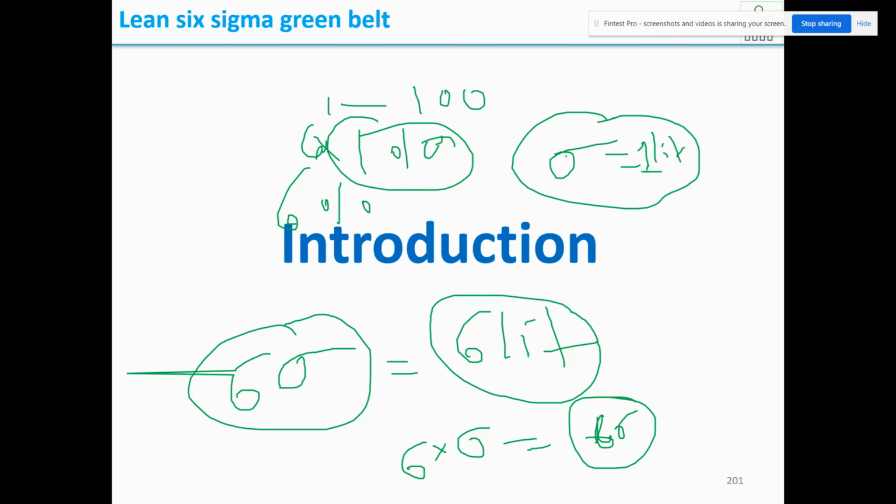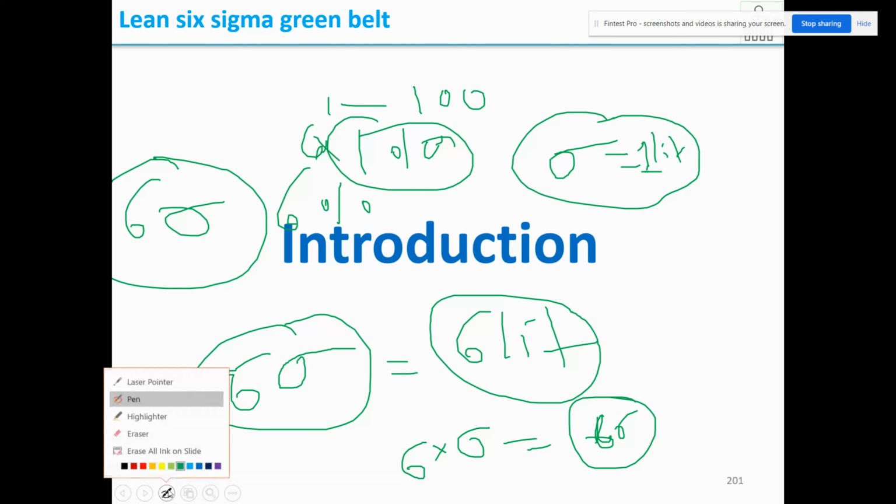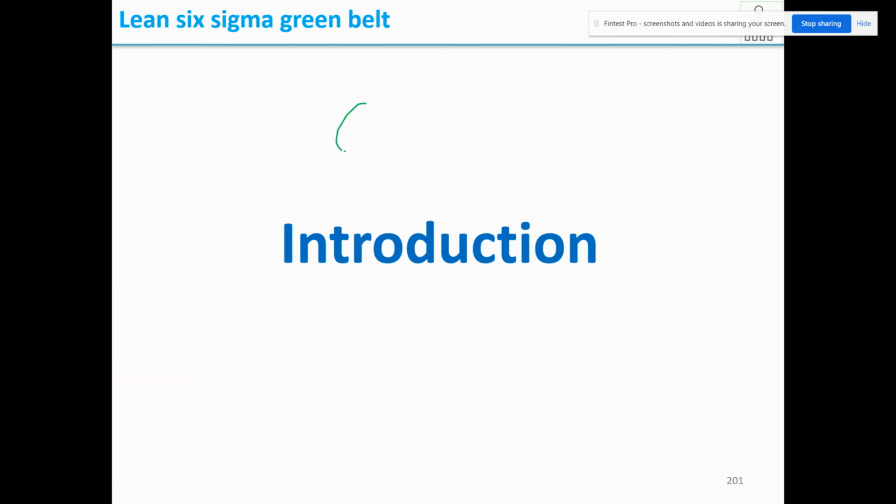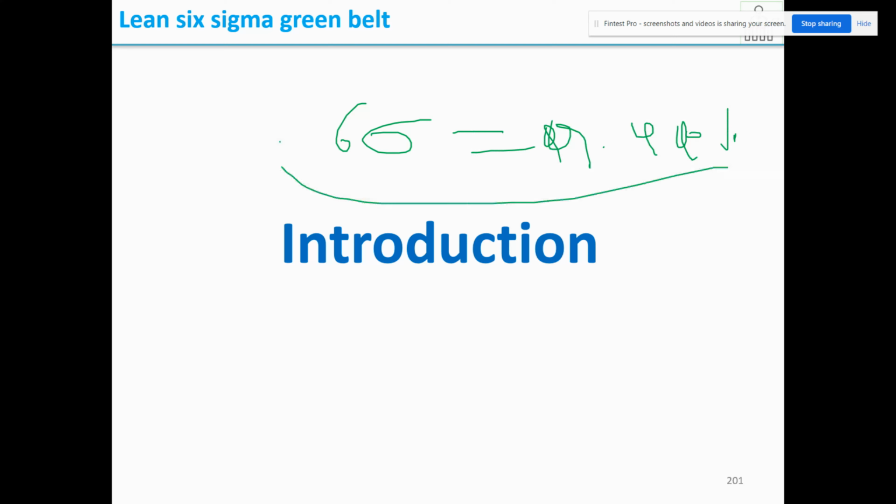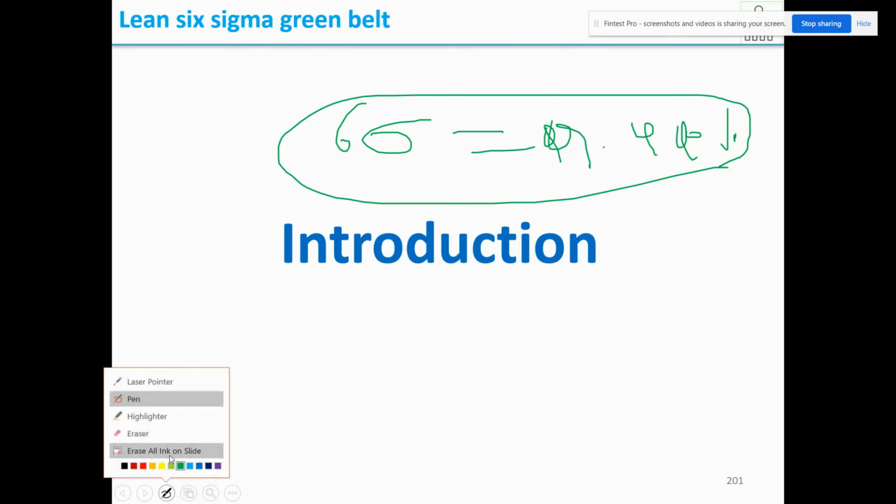In the same way, the standard deviation or the variation of any process that you collected in a sample will not be the same, it will multiply 6 times, it will become 6 sigma in the production. That is why the name is Six Sigma. So when you control your process for Six Sigma variation, your yield will be 99.99%. So that is why they call it Six Sigma. You understood now what is Six Sigma in general.